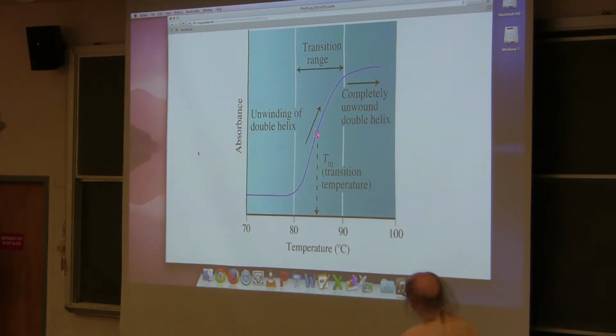The midpoint of that transition from double-stranded to single-stranded, which is what we have at the top, is called the transition temperature. It's also called the Tm, and you may call it the melting point. They're all the same as far as I'm concerned.